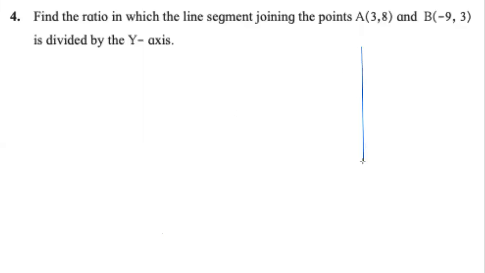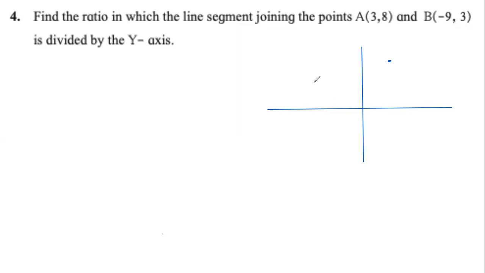So if we imagine a y-axis and an x-axis, point A is (3, 8). That means point A will be somewhere here, in the first quadrant. Point B is (-9, 3), negative and positive.